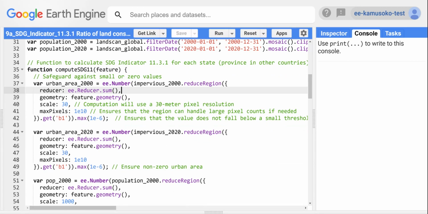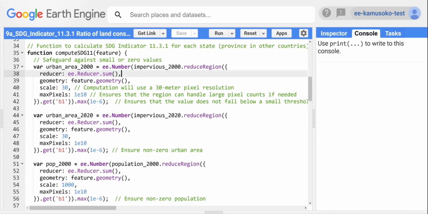The computation here uses 30 as the scale because this is the 30 meter pixel resolution that corresponds to the Landsat dataset used. And here we input the maximum value. We put quite a large number so that we ensure that even in big regions, the large pixel counts can be handled without any errors or issues.